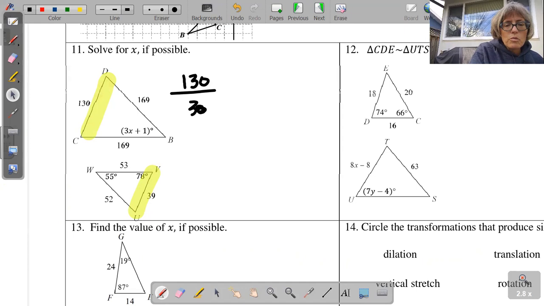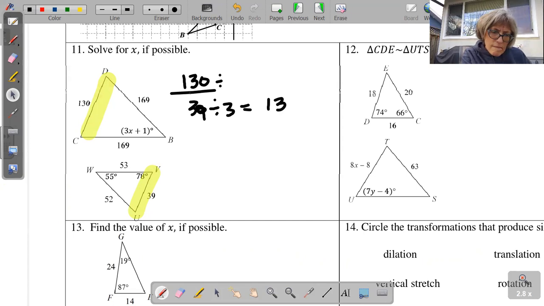I know they're divisible by 3, at least this is. Divisible by 3 would get me 13. Divisible by 3. Oh, there's another way. That's not going to work that way.